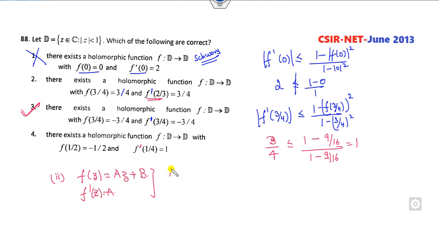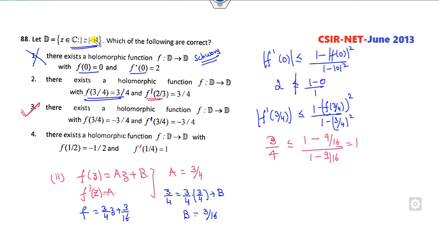So what is a? a is 3/4. If I substitute here for this point, the left hand side is 3/4, a is 3/4, z is 3/4 and b is here. So what is b? 3/16. So what is f? f(z) = (3/4)z + 3/16.